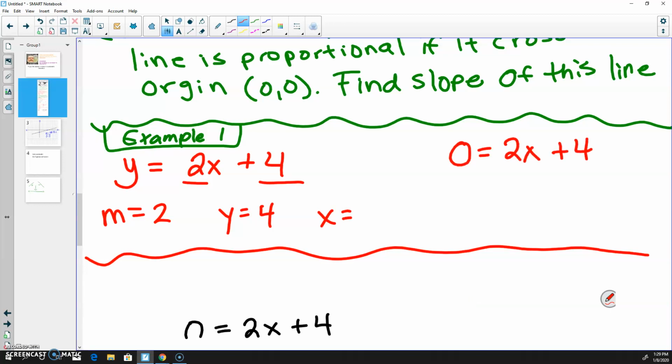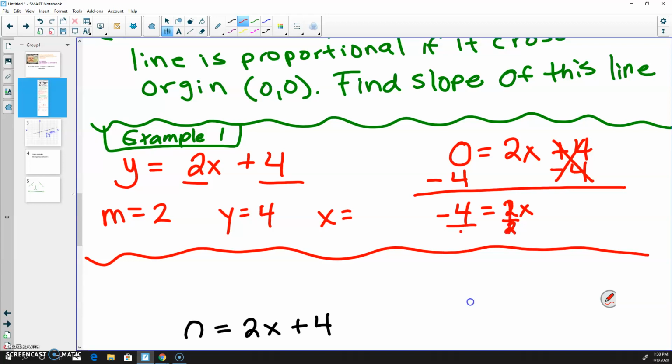What do I do with 4? Minus 4. Move it to the other side. That cancels. You're left with negative 4 equals 2x. If it doesn't tell you what the letter is, do the opposite. The opposite of 2 times x is divide. So negative 4 divided by 2 is negative 2. So your x is negative 2. Right?